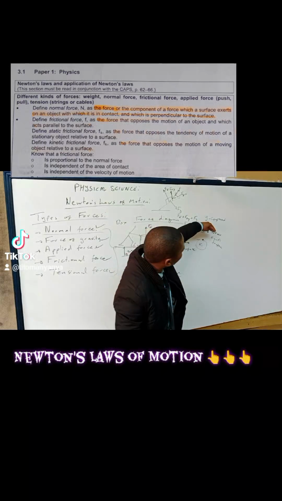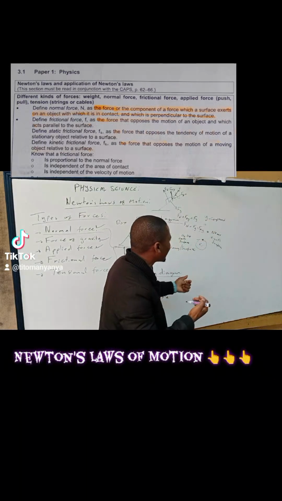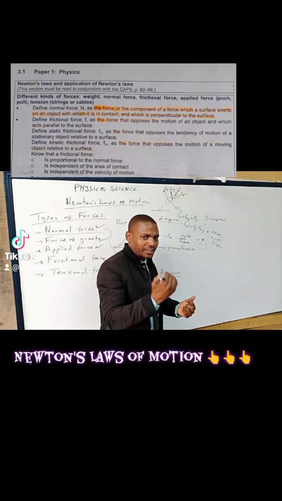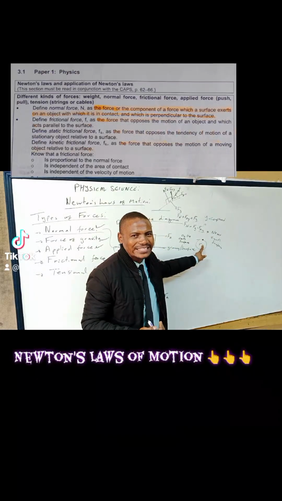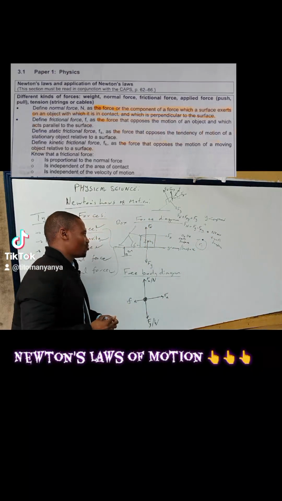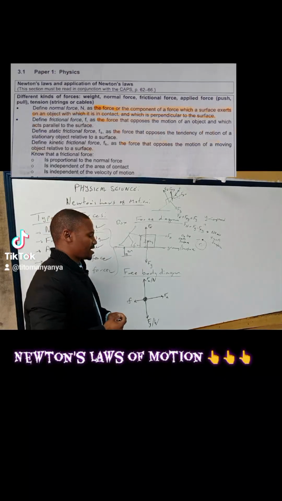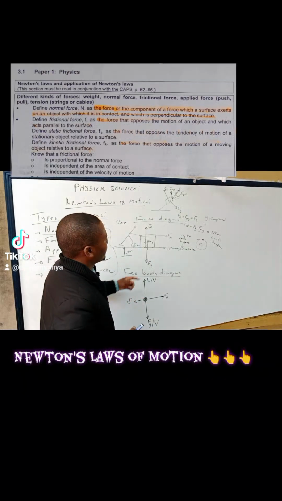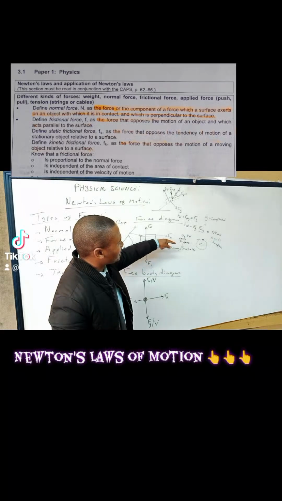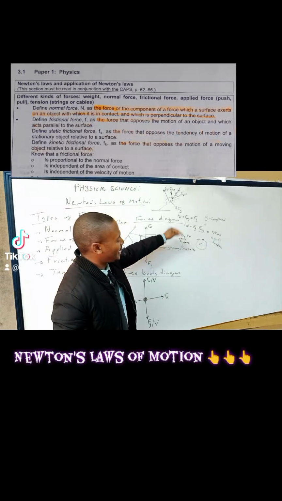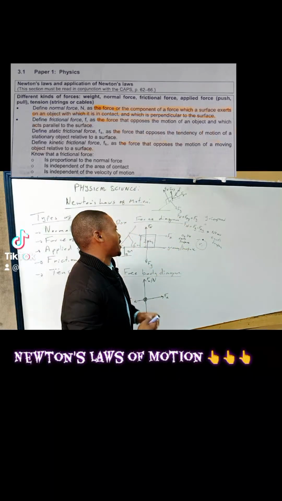If it's up there, it's going to come down, because the earth always pulls objects with a force towards its center. So force of gravity is just the force that the earth exerts on an object, near or on the surface of the earth.